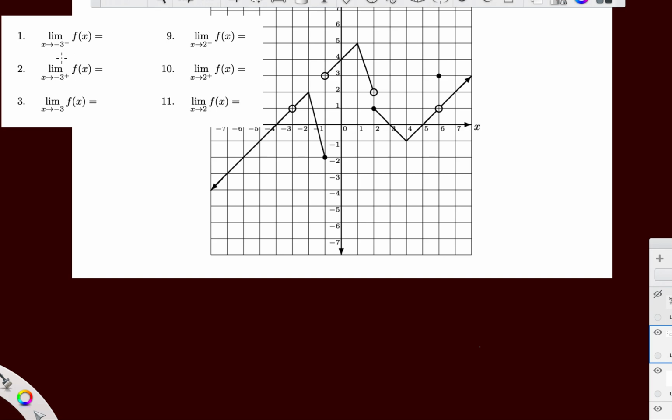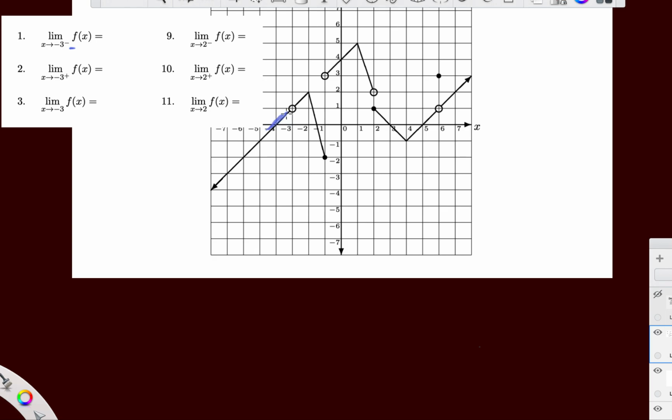As we approach a certain value on the x-axis, this says the limit of this function that is graphed here, as x approaches -3, and if there's something to the right of that value, that just means approaching from the left. The negative means it's approaching from the left. So as we look at -3 here on the x-axis, and we look at how we're approaching, what number are we approaching on the y-axis?